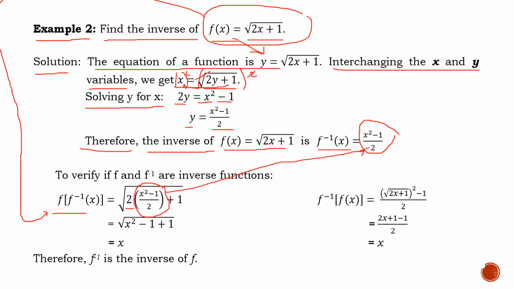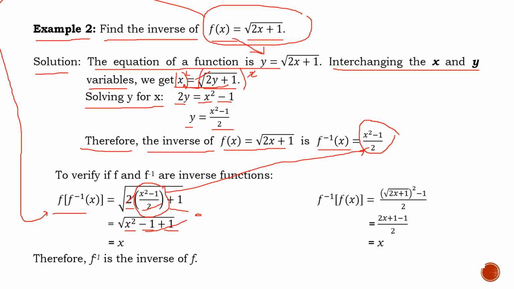Whatever the resulting value that we get from your inverse function, we just substitute this one as a value of your variable in your original function. So plus 1, we copy your 1 there, then 2 multiplied by x squared minus 1 over 2, the 2 will be cancelled out. That's why we copy your x squared minus 1 plus 1. X minus 1 plus 1, it's 0.